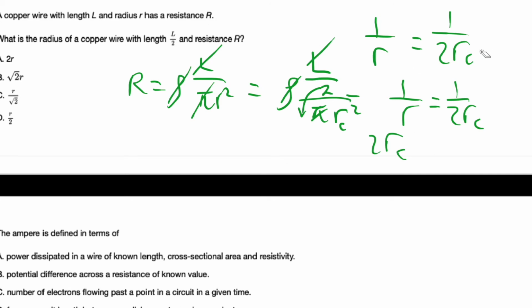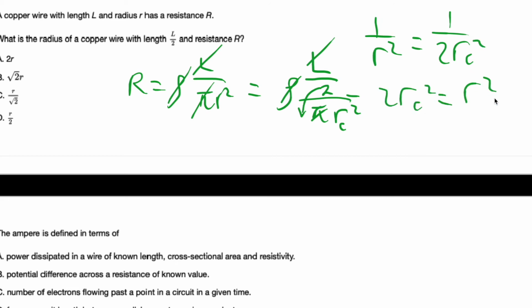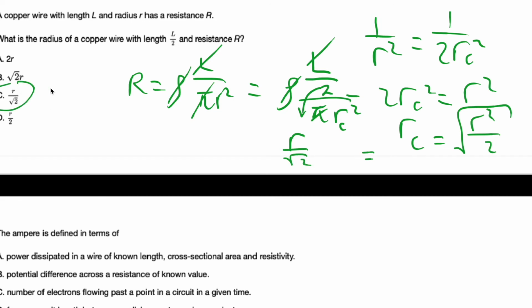Sorry. So 2 R_C squared is going to be equal to R squared. R_C is going to be equal to the square root of R squared over 2, which is equal to R over square root of 2. So the answer is C.